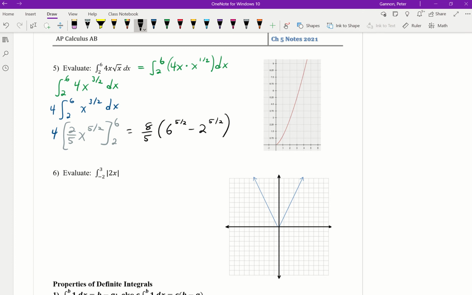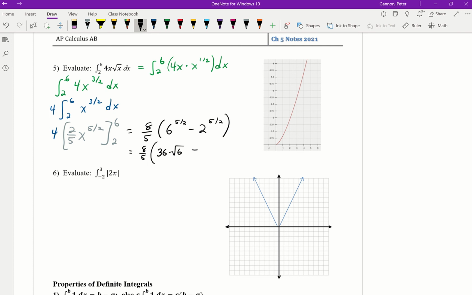Now, as you go through and start simplifying this, it's not necessarily obvious what's going on, but if I have 6 to the 5/2, I'm basically taking the square root of 6 to the 5th. So there are 5 6's, and I'm square rooting that. So I can take out 2 6's, which is 36, and leave a 6. And then over here, it's that same idea.